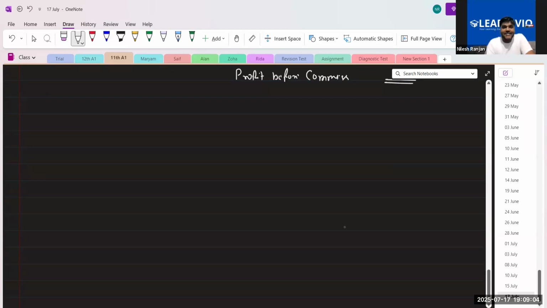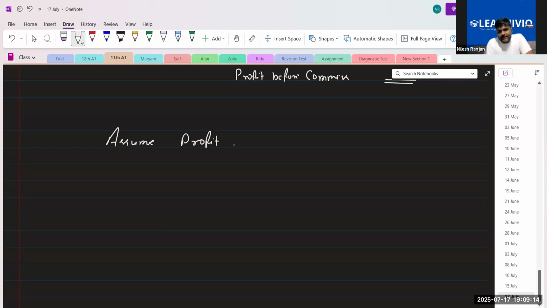Yes, the other method is like assuming X. Assume profit after commission as X. So if profit after commission is X, can you tell me what the commission will be? It is 6% of profit after commission.